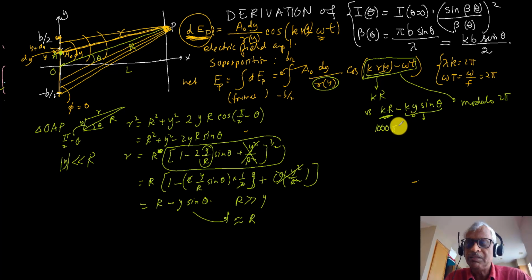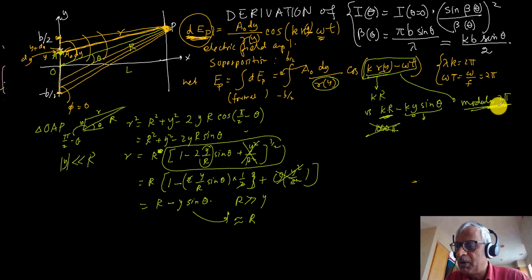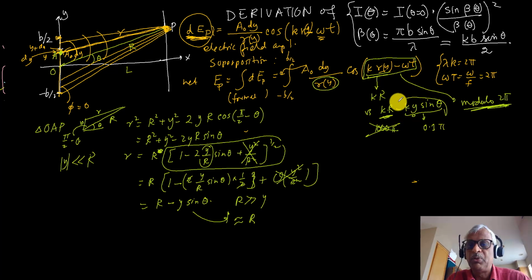All we want is, this will wash away, I mean the modulo 2 pi, so this will wash away, but this guy will contribute, right? Because I'm looking for modulo 2 pi. So even if it's like 0.1 pi, this is the one that's going to become important because it's inside the cosine and because it's modulo 2 pi. So I can't really just replace this with that. We need to keep this whole thing inside here.